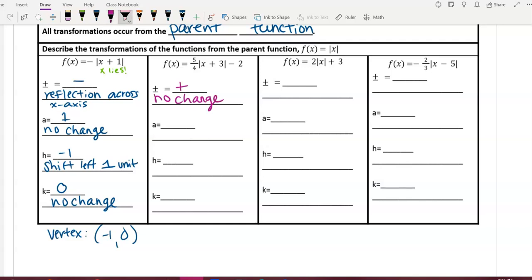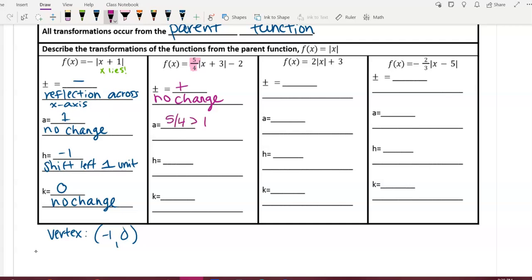Okay, now look at the a value. Our a value here is 5/4. Now, what's important to ask is whether this number is greater than or less than 1. Is 5/4 larger or less than 1? It is larger than 1.